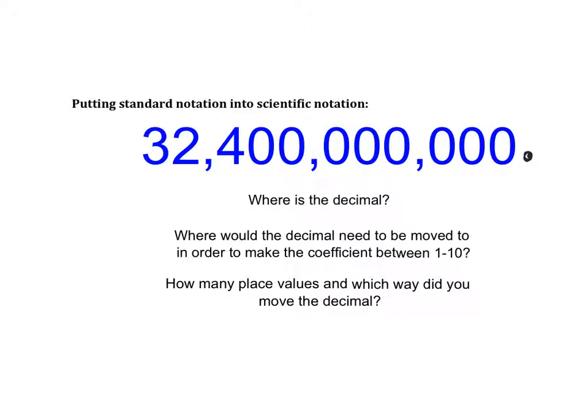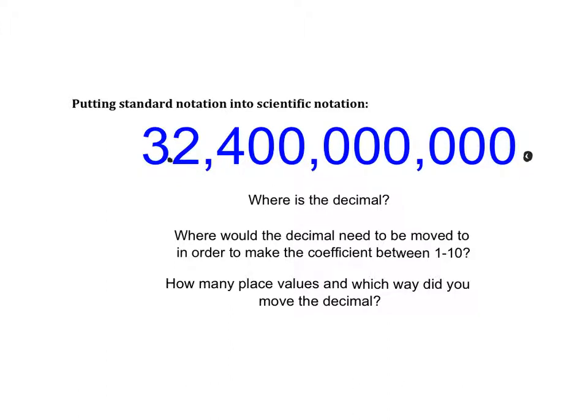Well, the only place that you can put a decimal and have a coefficient between 1 and 10, really 1 and 9.99999, would be right there between the 3 and the 2, turning your 32 billion into 3.24.